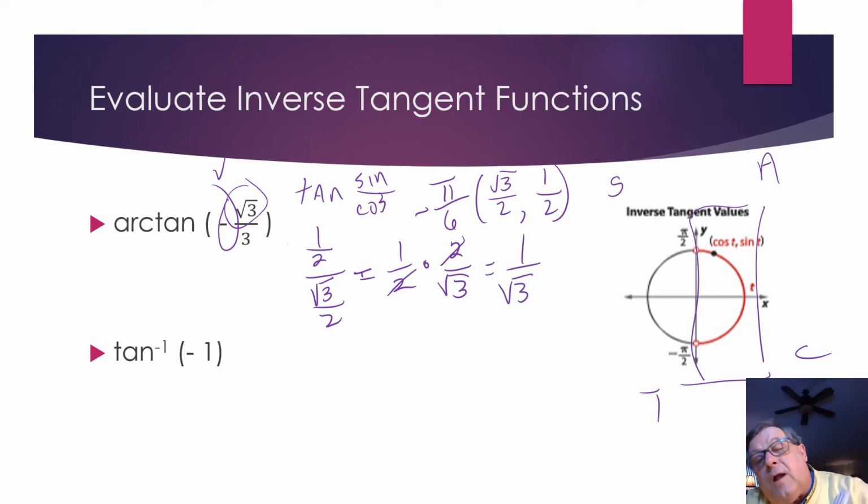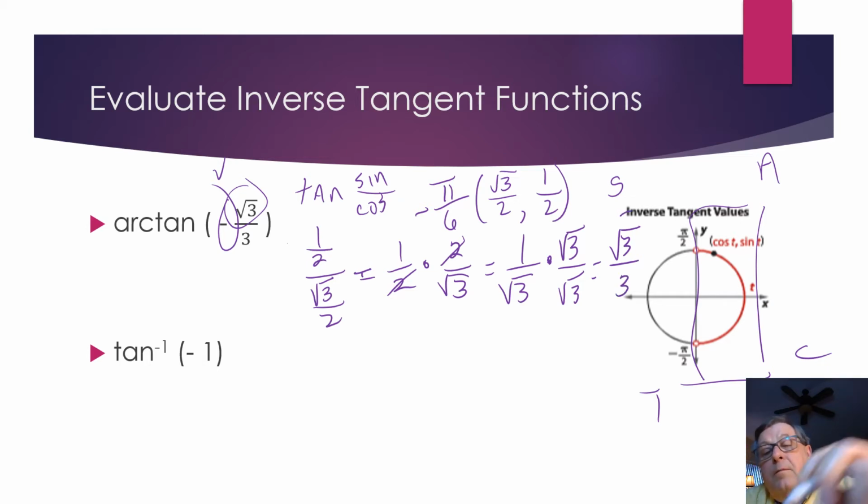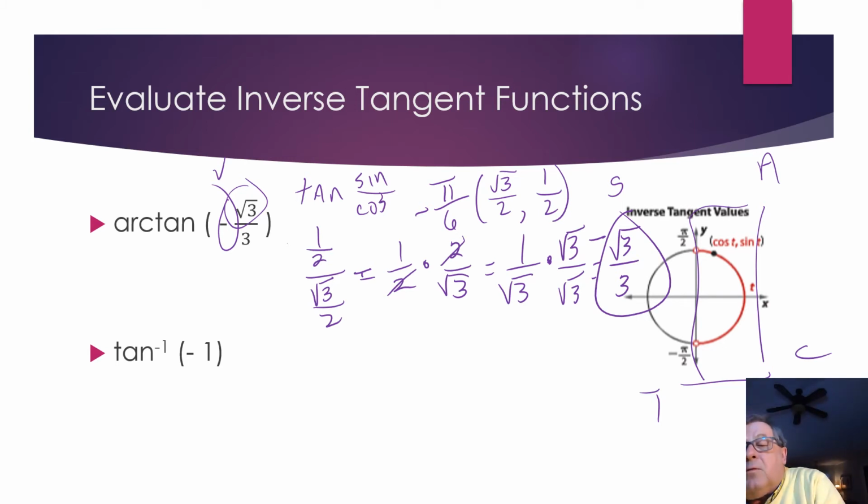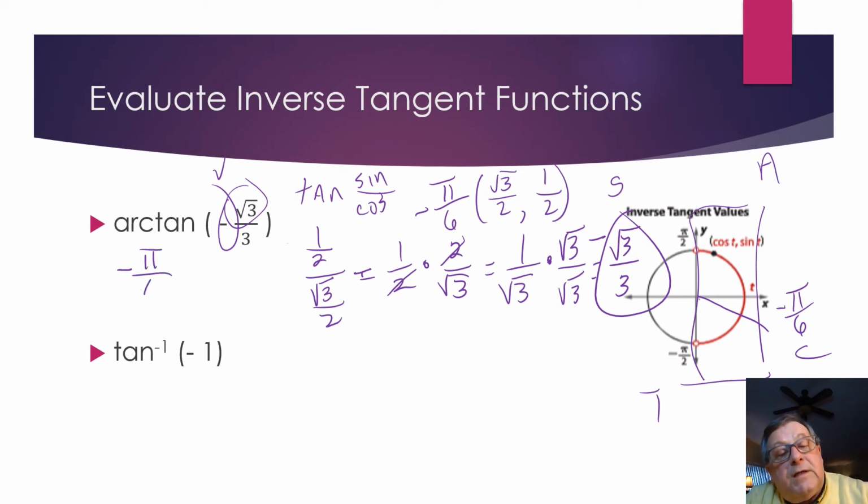Then we want to rationalize that denominator by multiplying by the square root of 3 over 3. And shazam, what do we get? Square root of 3 times square root of 3 is just 3. Boom. And of course this is all negative because we're in the fourth quadrant. So we're going to be, let's say, something right about there, at negative pi over 6. And that's going to be our arctangent, negative pi over 6.